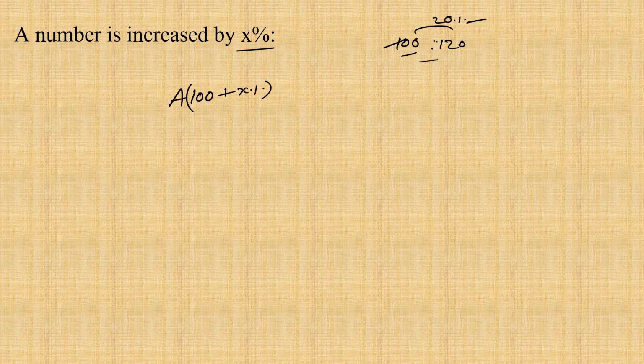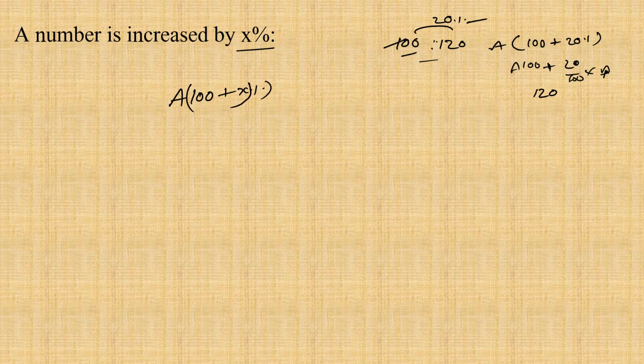You can see here clearly how we will write. It was the number a plus 20% was increased, 100a plus 20% of a, 20 by 100 into a. If a is 100, you can cancel a by a, then you will get 100 plus 20, that is 120. So we will write it here simply as 100 plus x%.